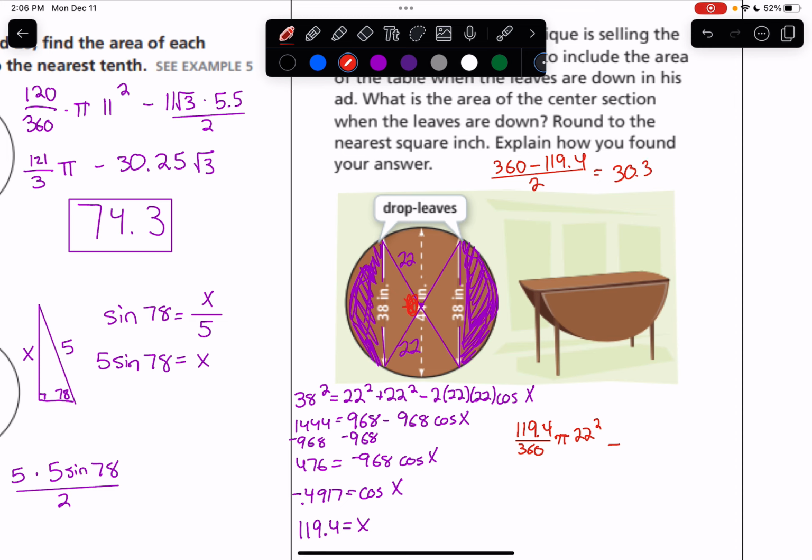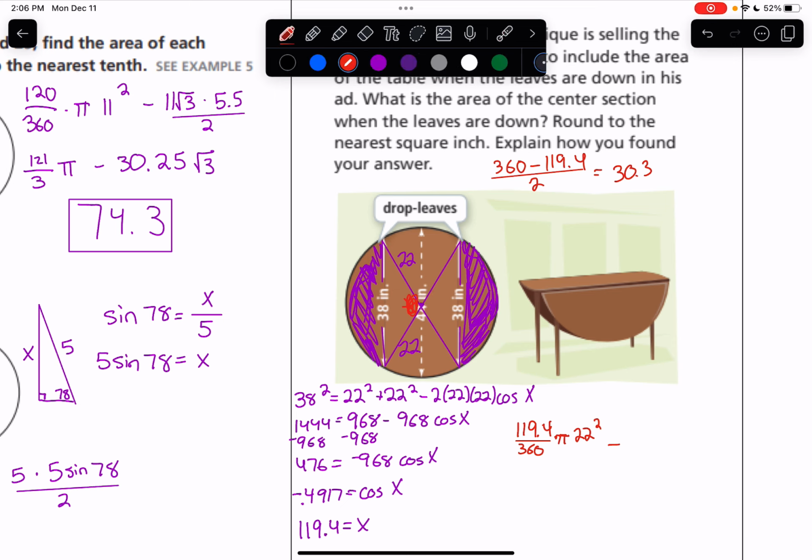So in each of the corners of these triangles, I have a 30.3 degree angle, okay? And within that 30.3 degree angle, I know some other stuff about the triangle. I know that this side of my triangle is 22 units.